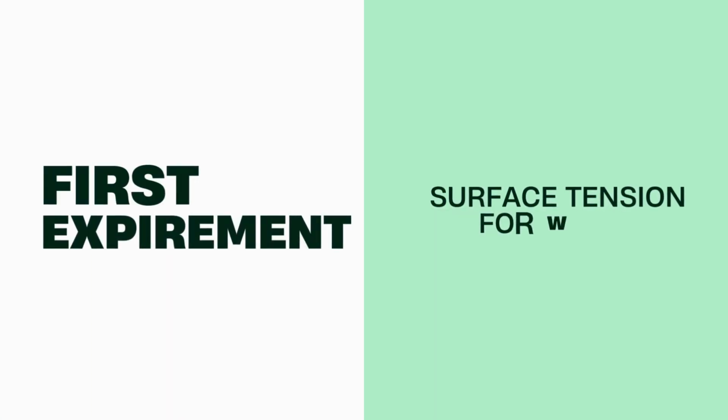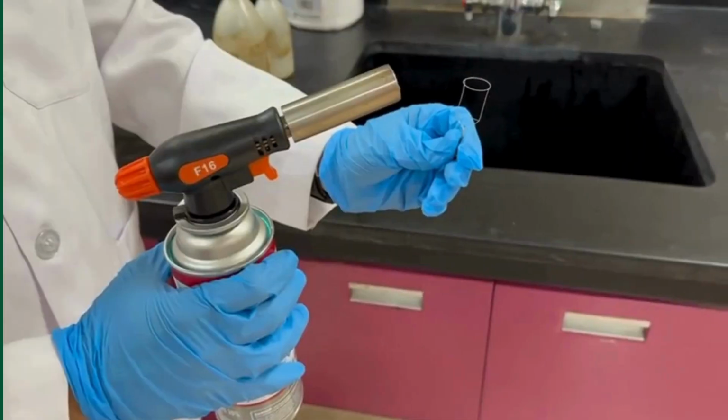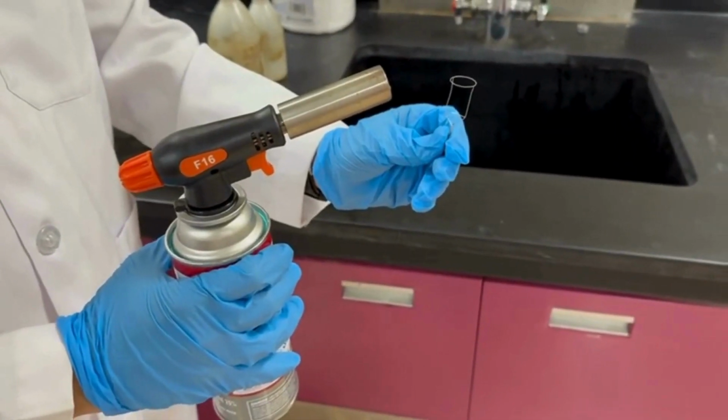Firstly, we'll perform the surface tension experiment using water. The steps are as follows. Use the flame gun to sterilize the platinum ring.